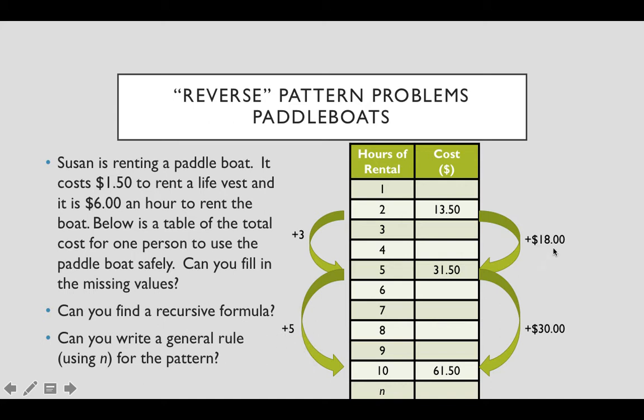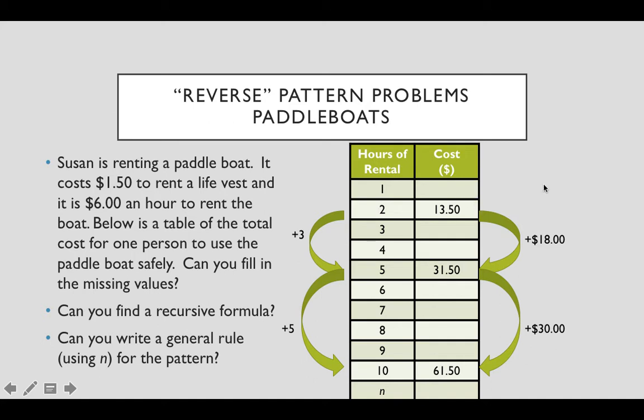And if I think about 18 shared among 3 people, or 18 divided by 3, that gives me 6. And if I do $30 across 5 hours, that also gives me 6 for every hour, because every change here has to be the same. What I've done here is realize that every time the hour increases by 1, the cost is going to increase by $6.